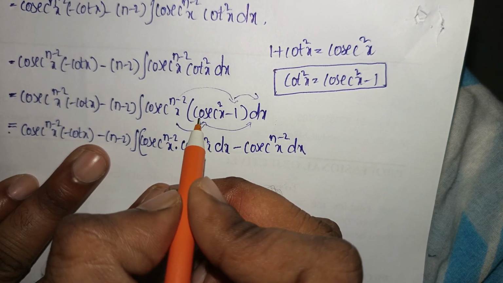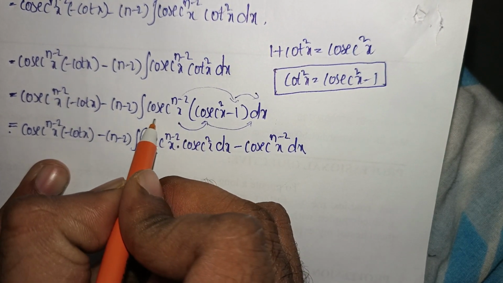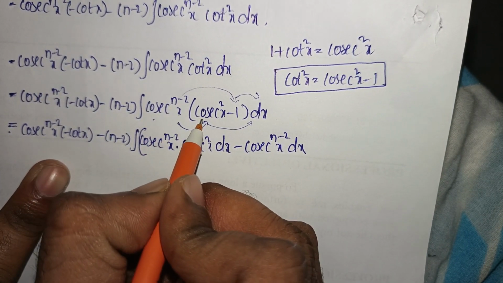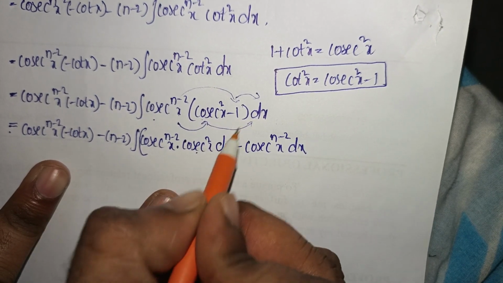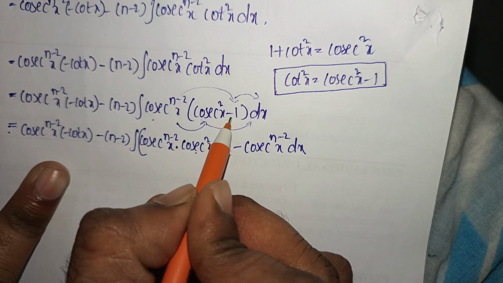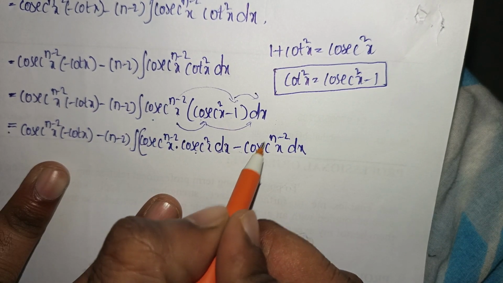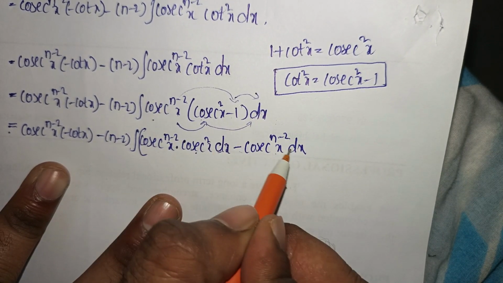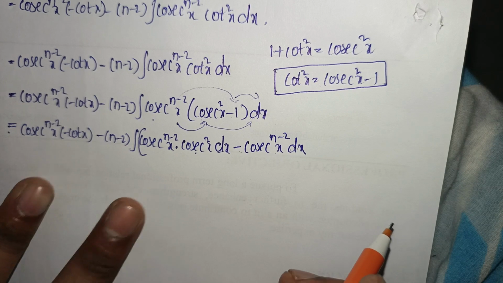See what I did, I just multiplied cosecant to the power of n minus 2 x with cosecant square x and with dx, and then cosecant to the power of n minus 2 x with minus 1 and dx. That's it, that's what we did.